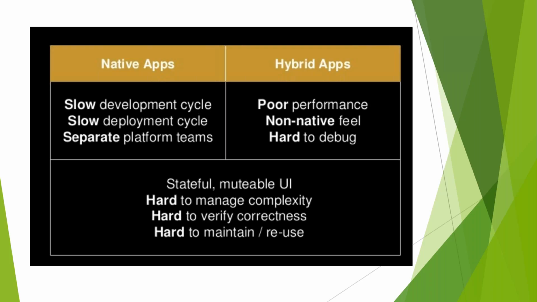Now what React Native does is it provides you a way of writing one set of code, like how React provided you a way of writing one single code which will be rendered on all platforms.